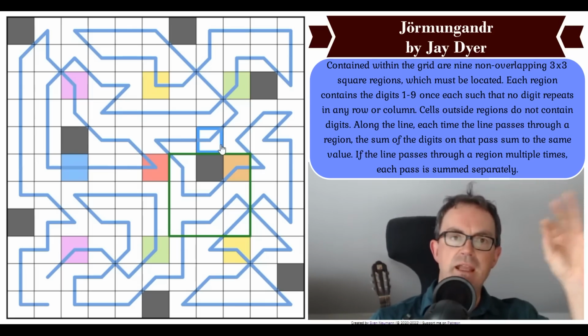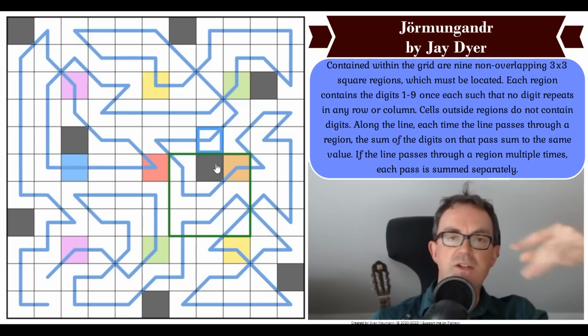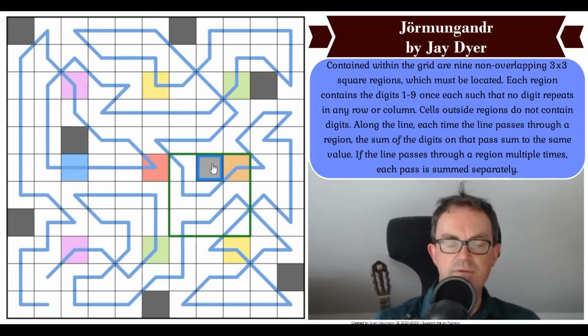So if it cuts into it only 2 times, it's going to pick up 30's worth of digits, and then this is going to have to be a 15, which it obviously cannot be. But if the line enters it 3 times, then this has to be a 0, and it can't be that either.